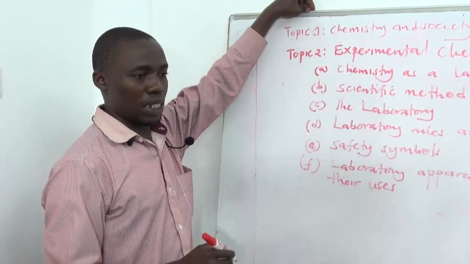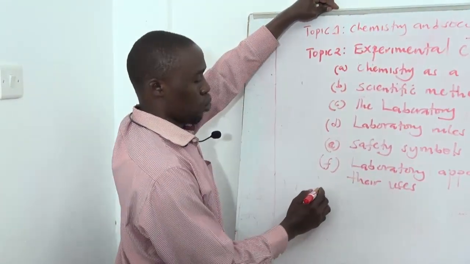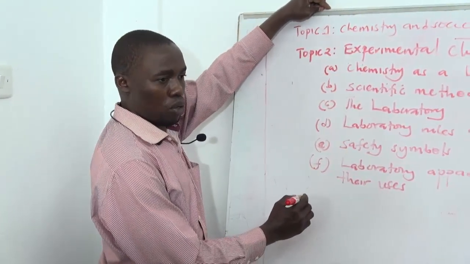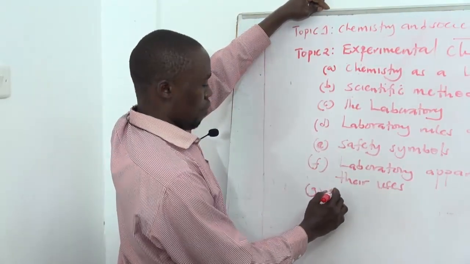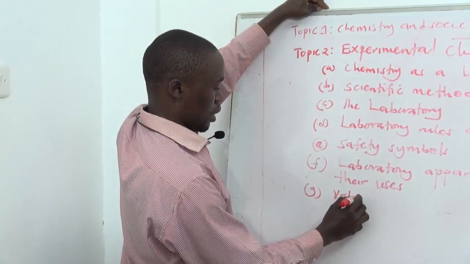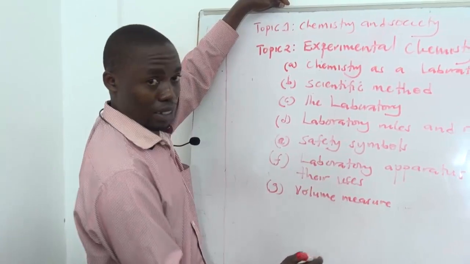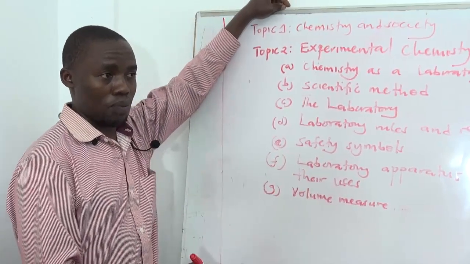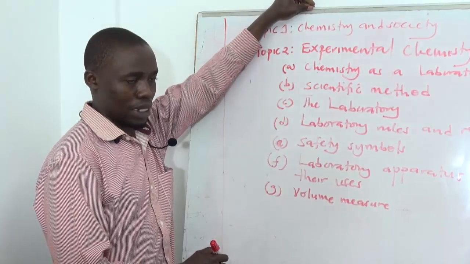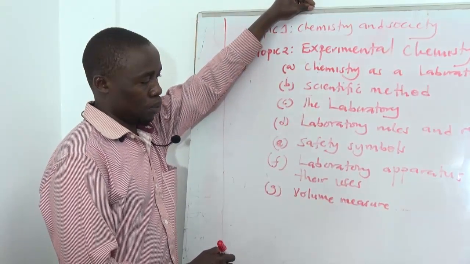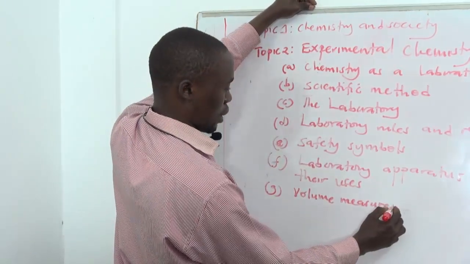Then, upon visiting that, we shall isolate a few important laboratory apparatus, like volume measurement, because it has some technicalities, how you handle apparatus, which one is more accurate, and also the units.